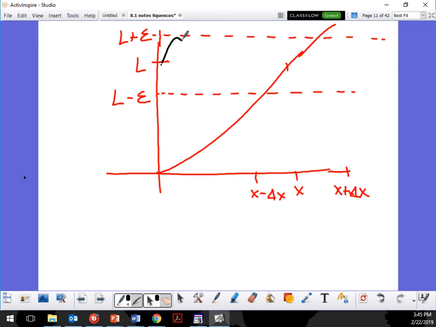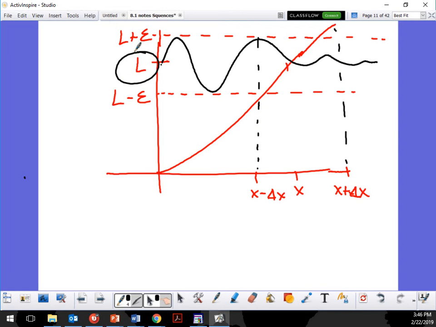So we said it's something like this, like that. As it is getting closer and closer here, that means this is getting closer and closer to what my limit is going to be at some value here.